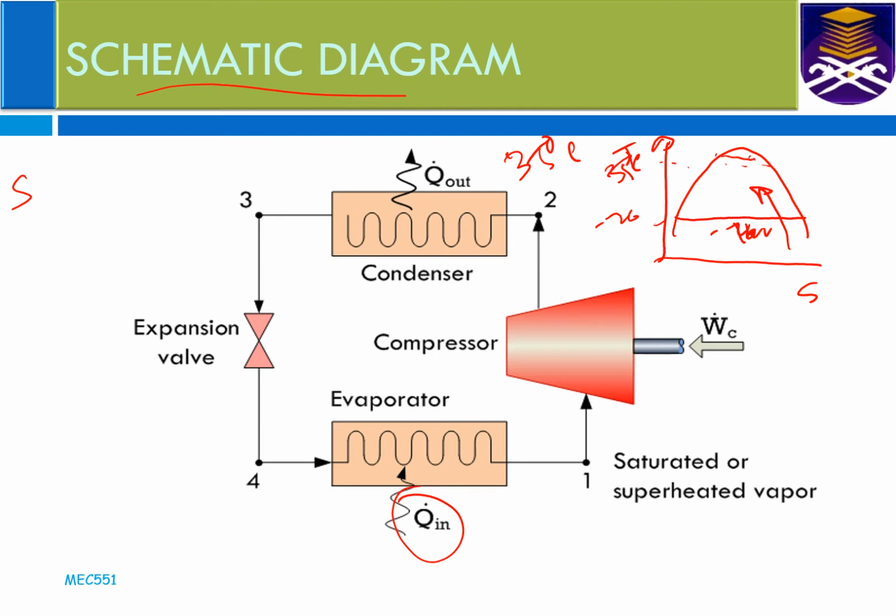In the refrigeration table, 40 degrees Celsius shows about 12 bar, or 1.2 MPa.